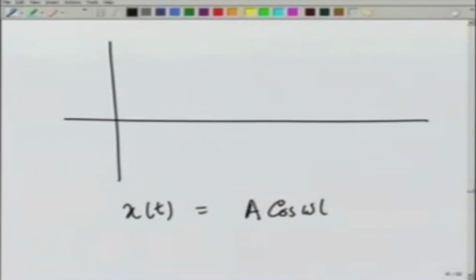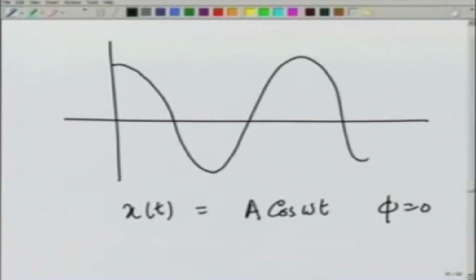If I were to plot x(t), let us take the case of a simple motion where phi is taken to be 0, then x(t) would look like this.